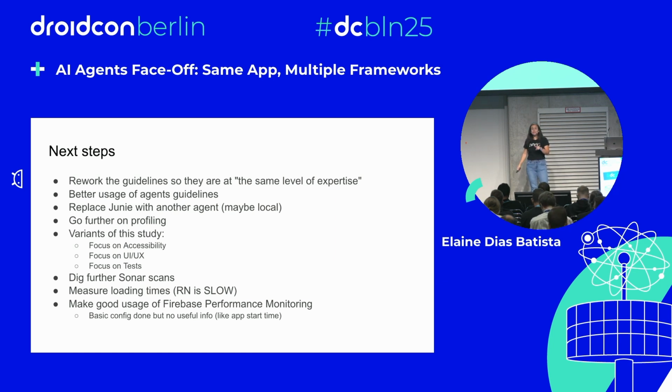For that, I integrated Firebase performance monitoring, because when you just integrate it, it starts getting measures for you that can be interesting, such as the app start time, which is super interesting. Maybe I did it too late in the project, so my numbers are just coming in. But I don't have anything useful to show you today.